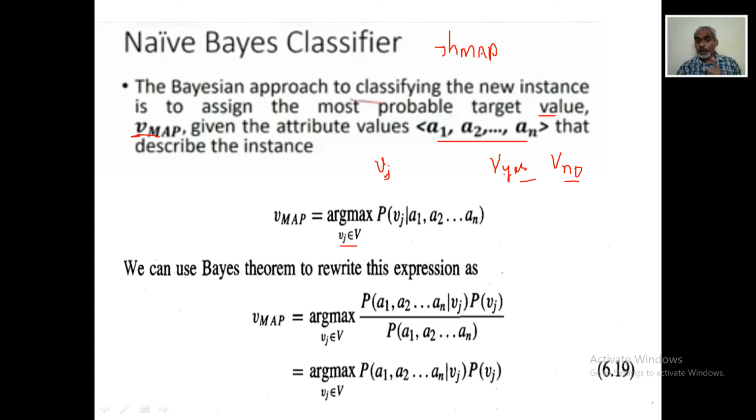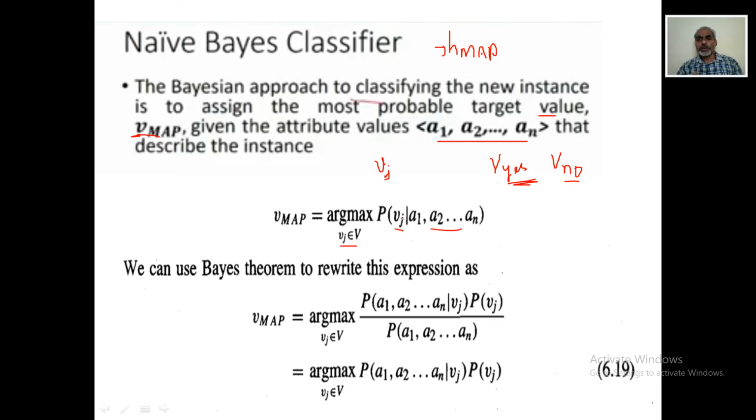So we are going to find the probability of Vj. That means for the given attributes of a new instance, we have to calculate the probability for yes, and the probability for no. For example, if the probability of yes is 80%, then obviously 20% will be no. You have to calculate depending upon all the attribute values.